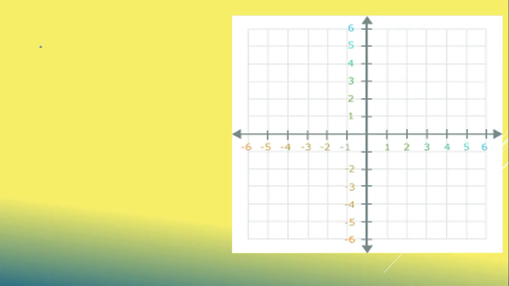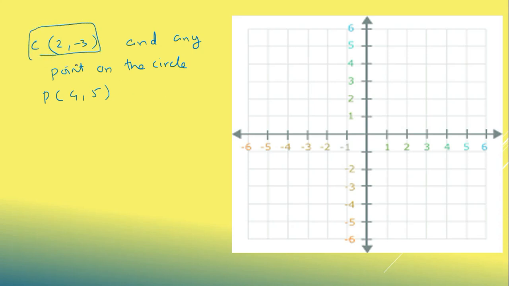If I give a center point 2 comma minus 3 and any point P on the circle, call it 4 comma 5, how can we draw the circle? There is no radius, only the center is given, isn't it? So if I know the center is 2 comma minus 3, where is it? x is 2, y is negative 3.